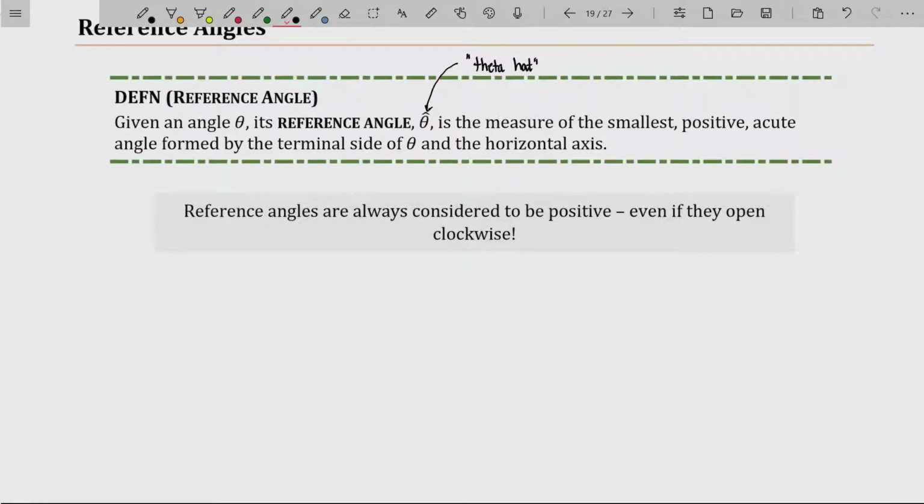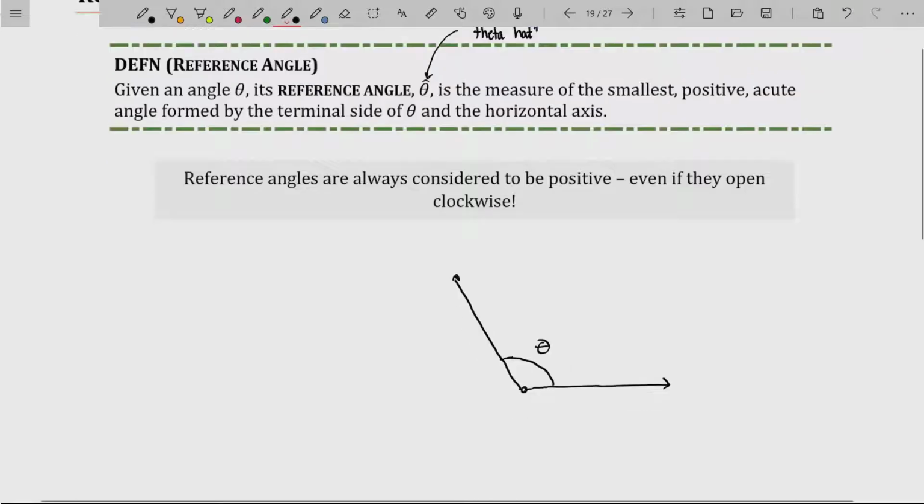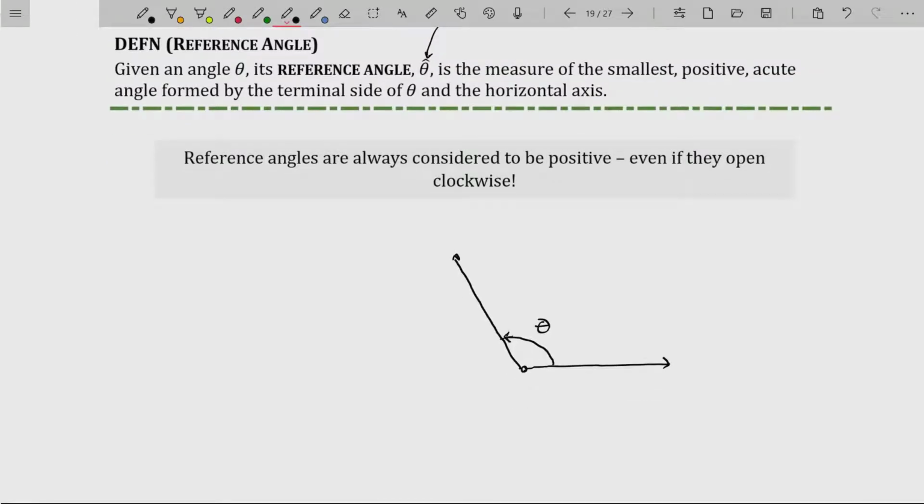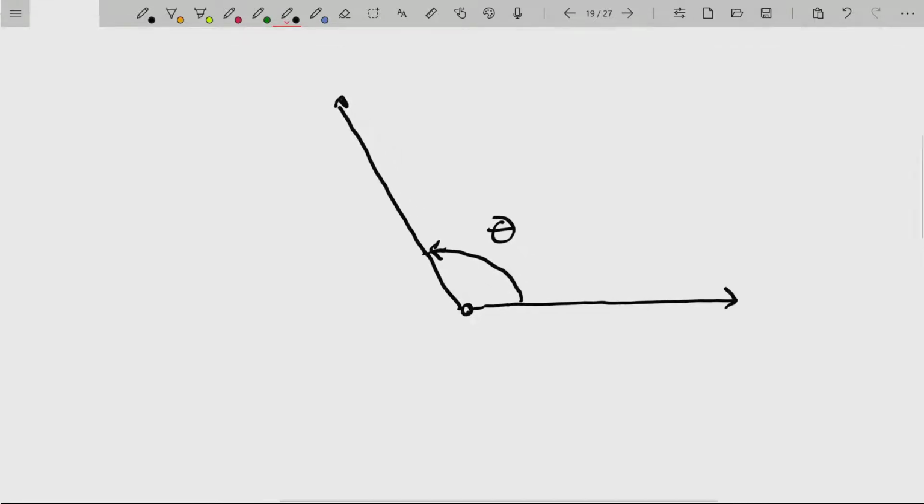Let's say we have an angle carved out here called theta. There's theta right there. So theta is that angle that opened up in this direction. It's a positive angle. And we want to know what its reference angle is. Now, visually, if you can imagine, there is a set of axes here.